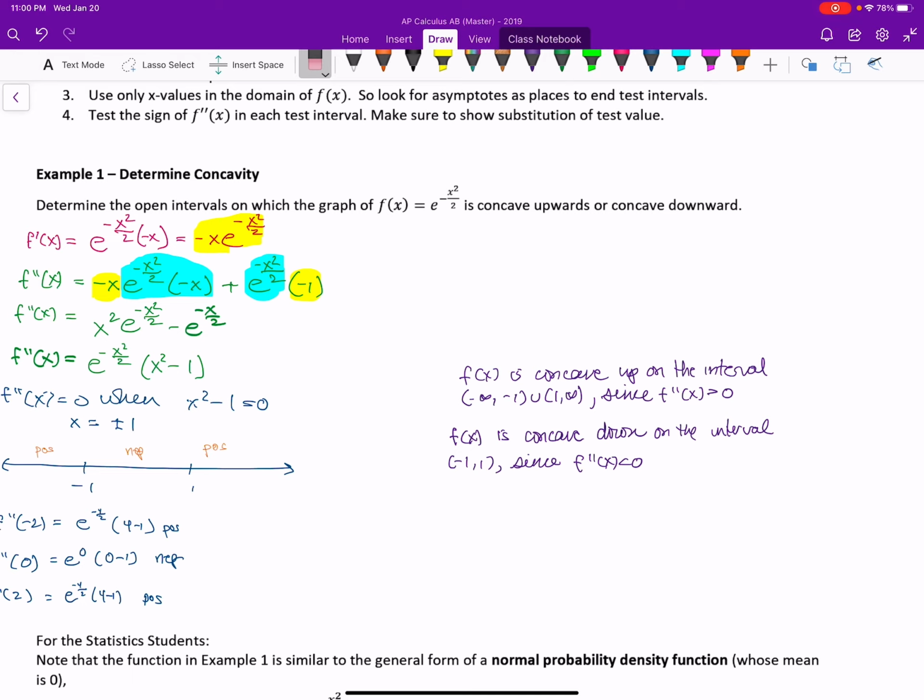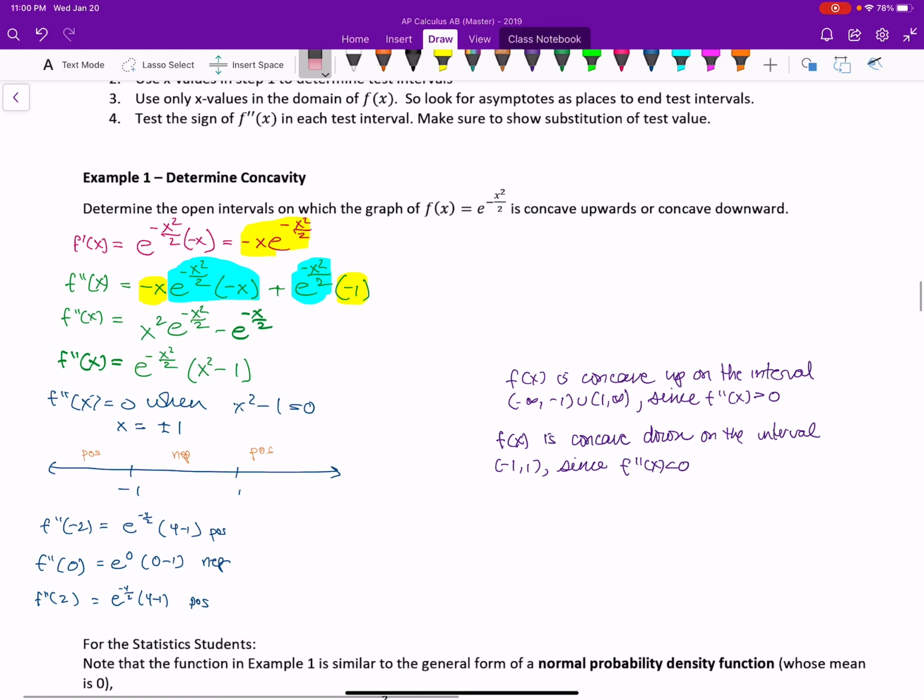You're describing the function. F of x is concave up. It's f of x, not f prime of x. F prime of x is increasing on the same intervals, but f of x is concave up on the interval from, so wherever you have positive second derivative, since the second derivative is equal to 0, so I'm justifying, right? And then f of x is concave down. Don't say the graph, don't be general about it, right?